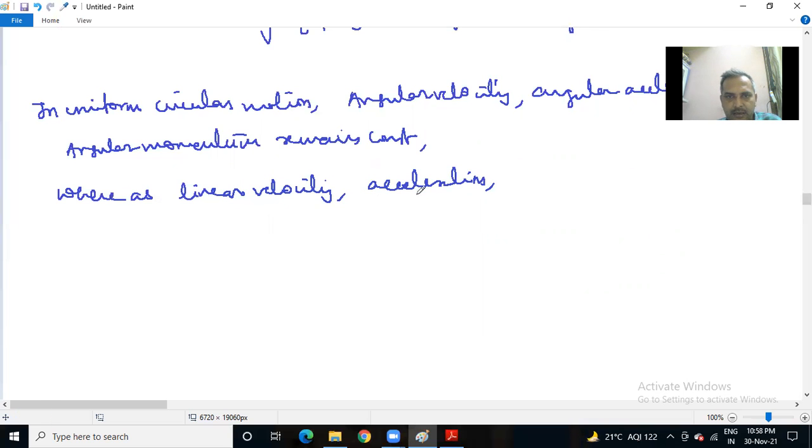Linear velocity, linear acceleration, and linear displacement do not remain constant.